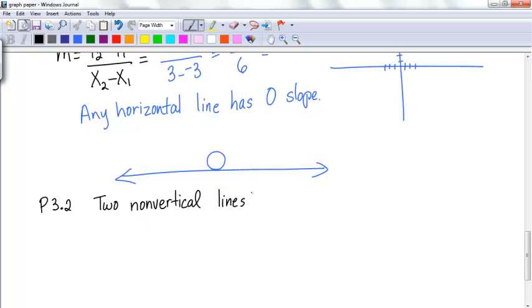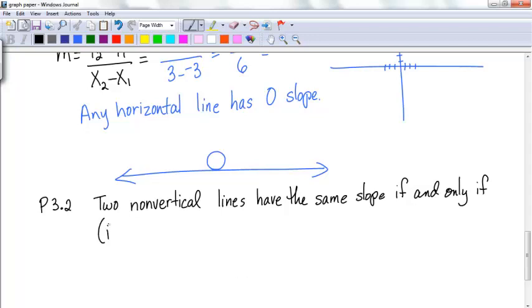Two non-vertical lines have the same slope if and only if, and most of the time in math, they're going to abbreviate that if and only if with an IFF. IFF, if you see it from now on, it's the shortcut way of writing if and only if.